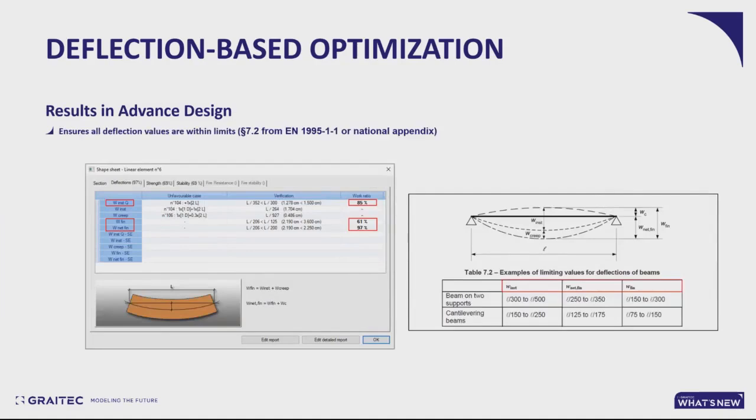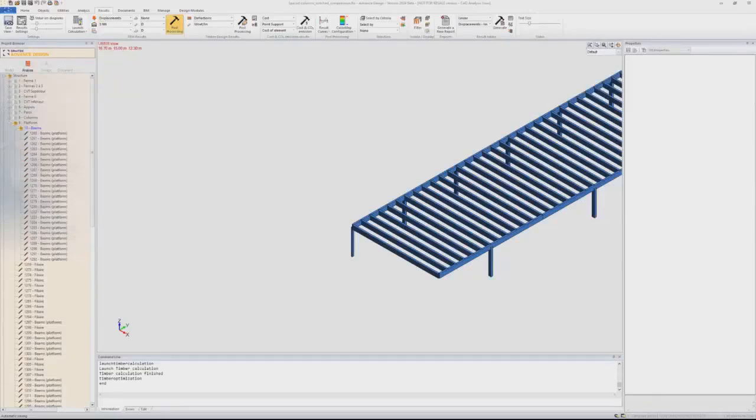So in the Eurocode 5, there are several deflection values to check, and activating this option ensures that none of these deflections will exceed the limit values that you can find either in the base text or most probably in your local appendix. So let's see how that works in advanced design.